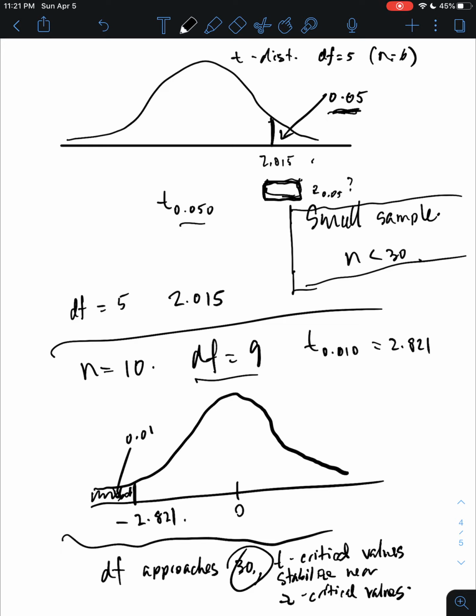Okay. That is pretty much it. That is the big picture for the t distribution. We haven't covered two-tail just yet, but that is coming. And otherwise, we've talked about all the introductory material.